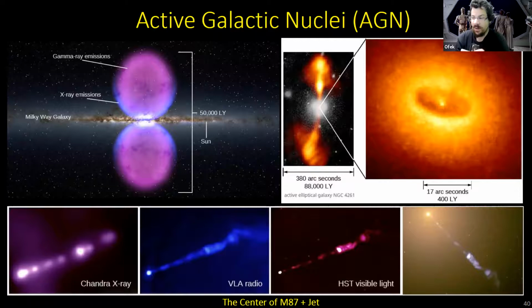And these are coming right out of the vicinity of the black hole in the center of our own Milky Way. On the right here, we have another example, the elliptical galaxy NGC 4261. And we have here a breadth of about 90,000 light years to the side, and about a similar direction to the top, energy being emitted in very, very strong jets going up and down. And if you zoom in on the center, then you can see really this bright source at the center of that galaxy.